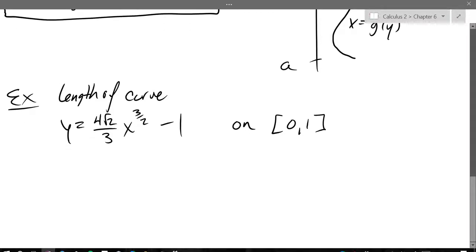First of all, do I have a function of x or a function of y? Y is by itself, so for any x value I can figure out what the y is, just the way it's written. So I have a function of y. Oh, function of x.